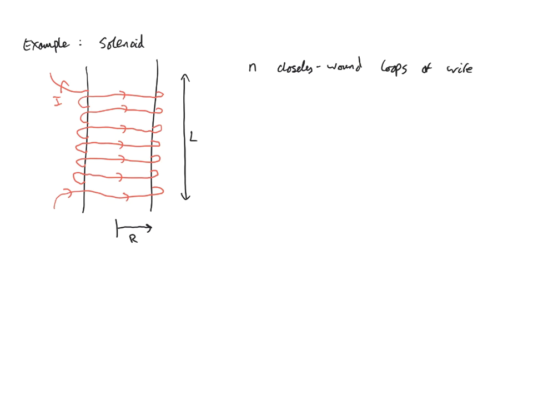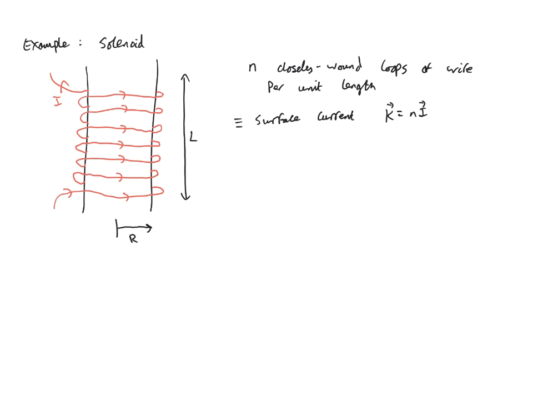And this is basically equivalent to a uniform surface current. This is a bit of an approximation, of course, because actually we have 1D wires, but we're imagining that they're so tightly packed, so dense, that basically we have a continuous flow of charge around this thing.